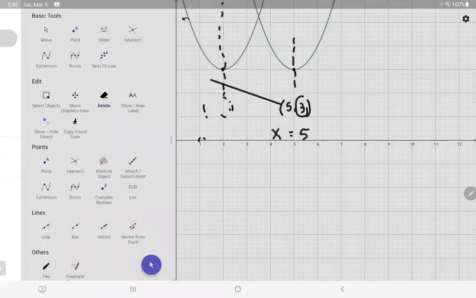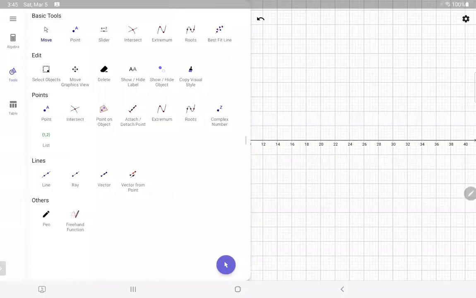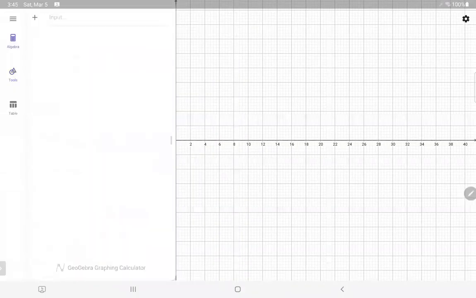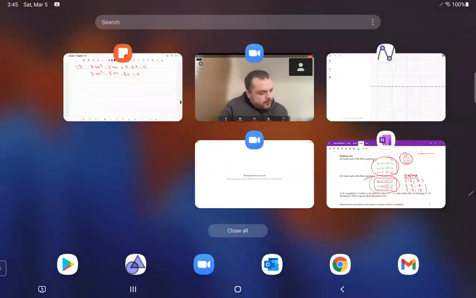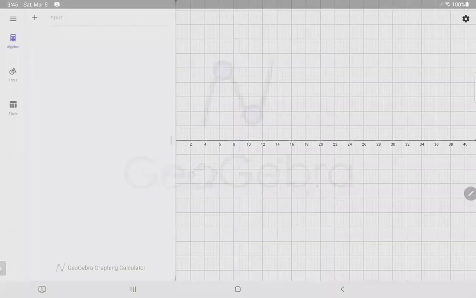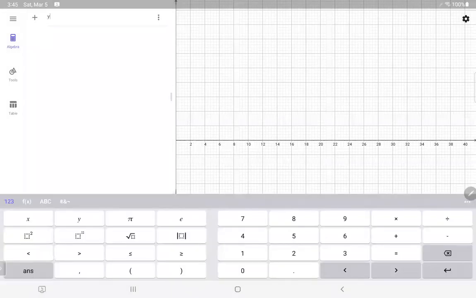Okay, let me delete all of them. Y equals x plus 3 squared plus 3.